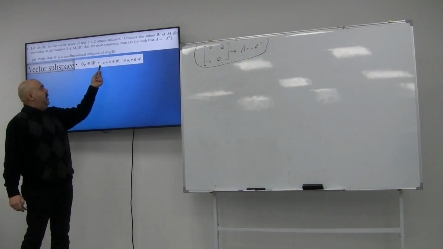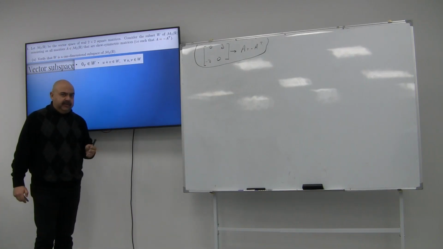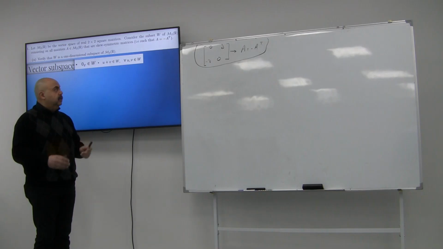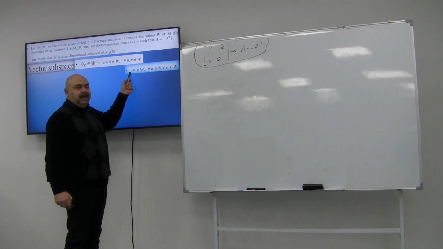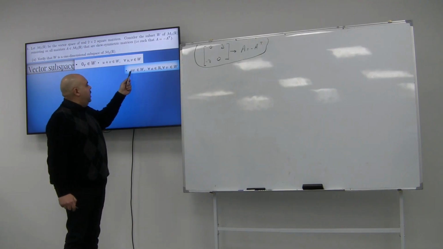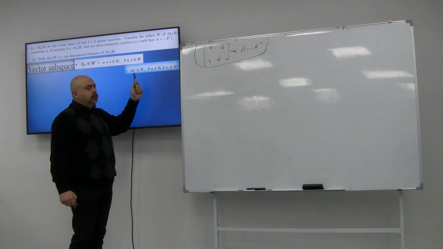Number 2, if you have 2 matrices and you add them, the sum will belong to W. And number 3, if you make a scalar multiplication, multiplying A by V, it will also belong to W.